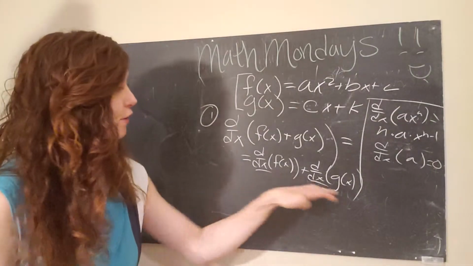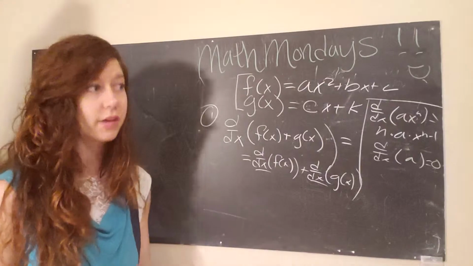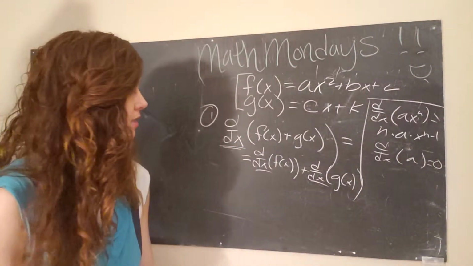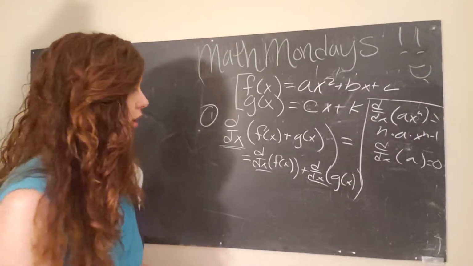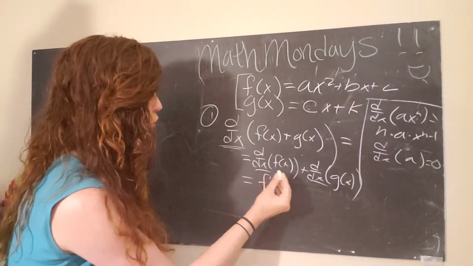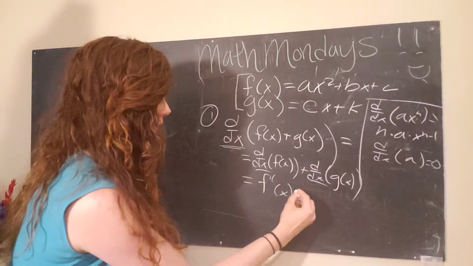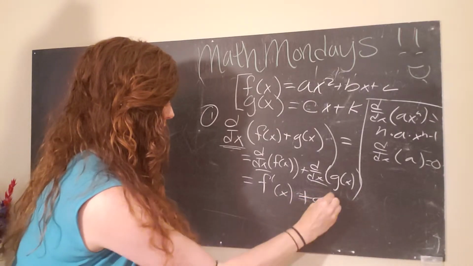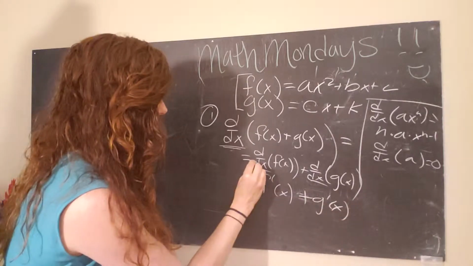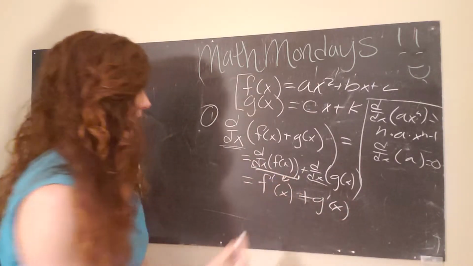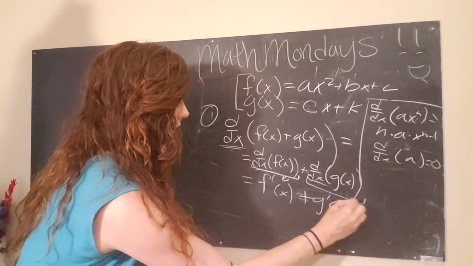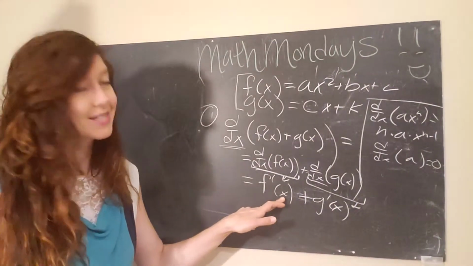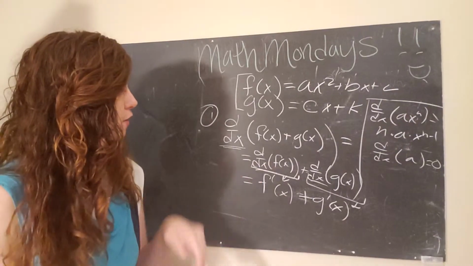There are actually a lot of different ways to write derivatives. This is the most common in introductory calculus, but once you get beyond that, what you will find is typically the prime notation. So it looks like this: f prime of x plus g prime of x. Prime indicates that you have taken the derivative with respect to x of this function.